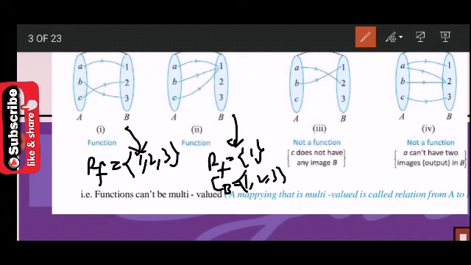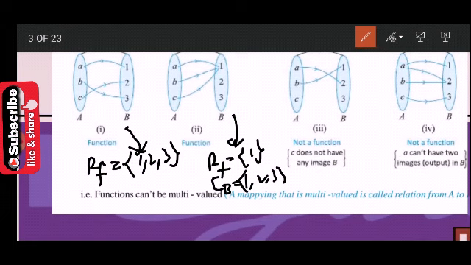So every element of the domain has to be engaged with some element, but it is not necessary that every element in the codomain is engaged. Here more than one element can be mapped to a single element also.